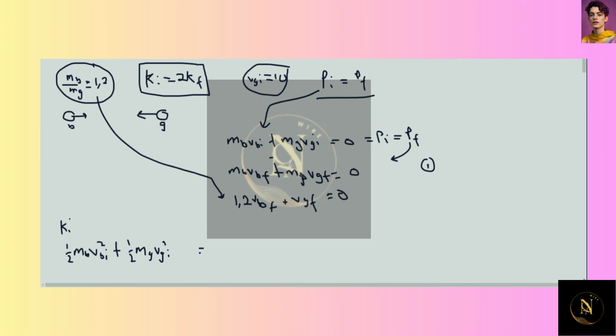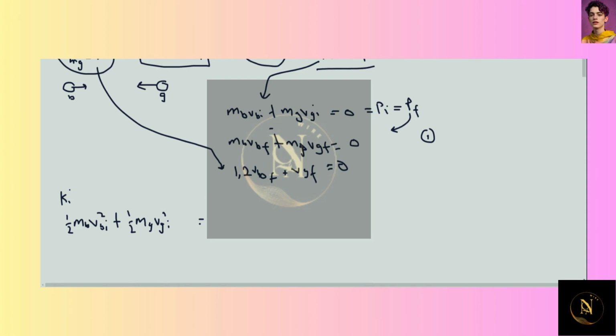So 2Kf is going to be equal to Ki. Which means the final kinetic energy is just half of this. So we can just go ahead and say that if you have this, you get the final. But in this case, let's simplify a little bit more here. So that's VBI squared plus mGVGi squared.